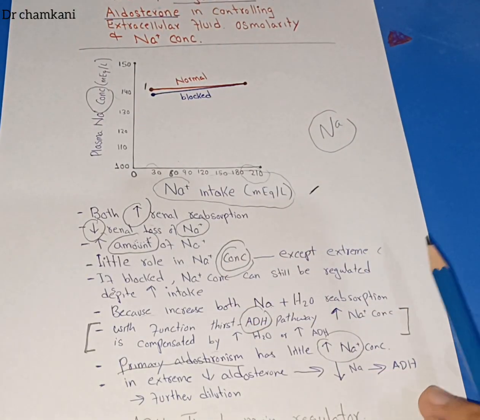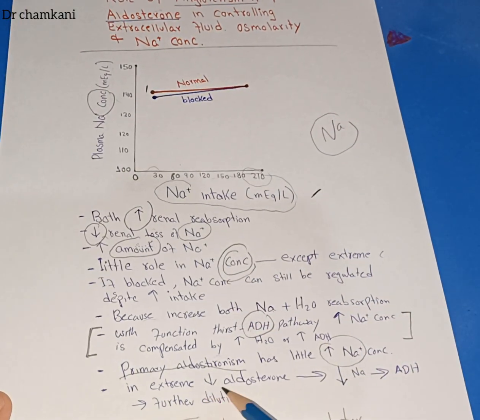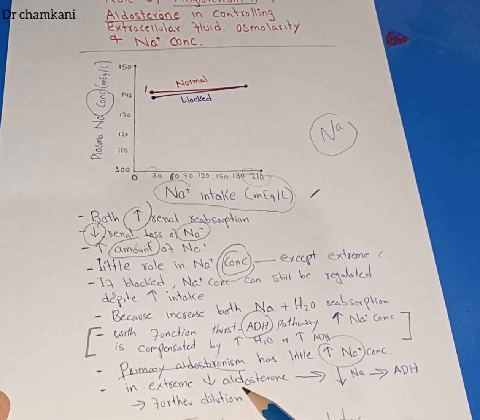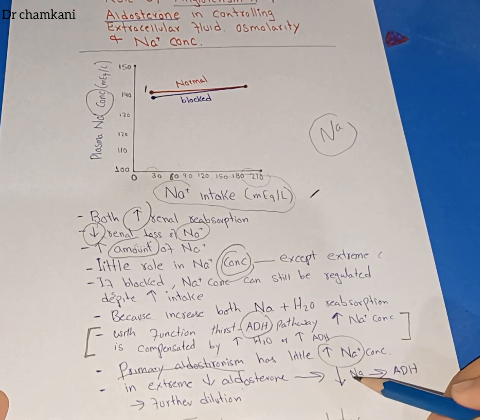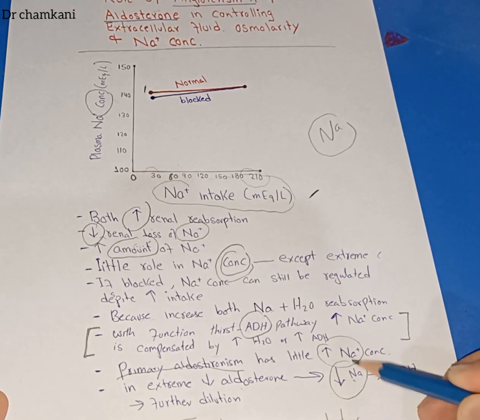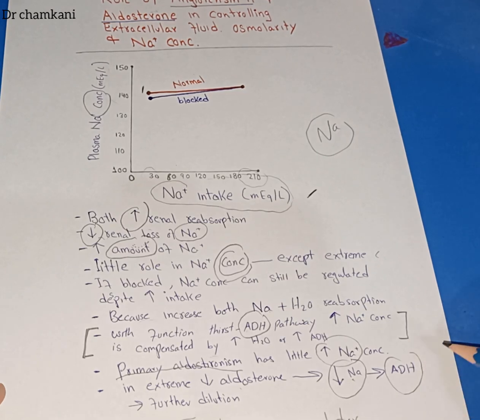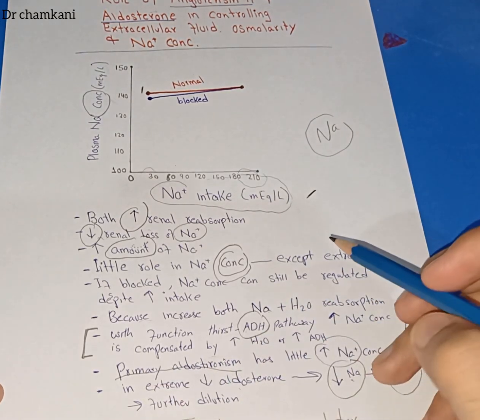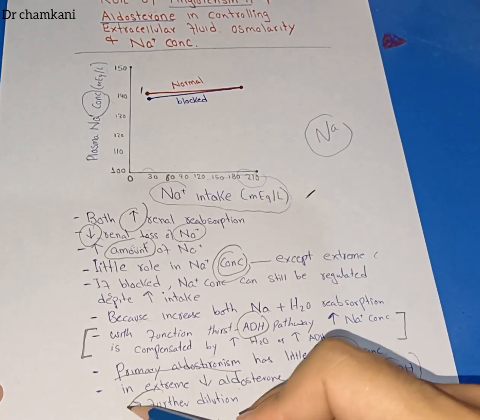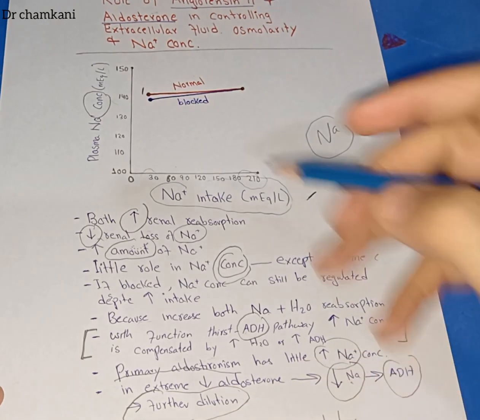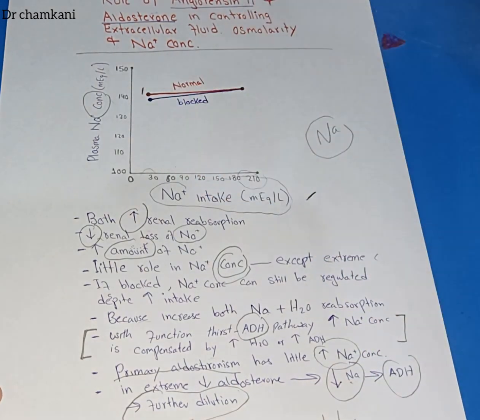Now there are only a few exceptions. In extreme aldosterone deficiency, there is a very big loss of sodium in urine, and it leads to a high amount of ADH secretion, and that leads to a lot of water reabsorption, which leads to a very high decrease in sodium concentration.